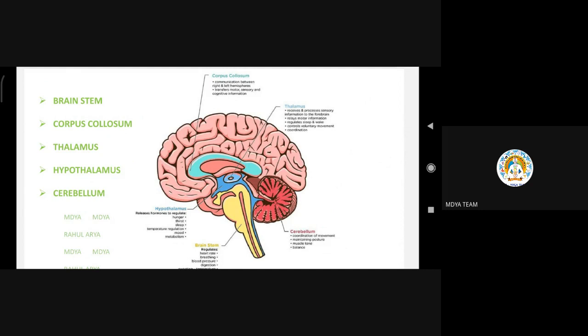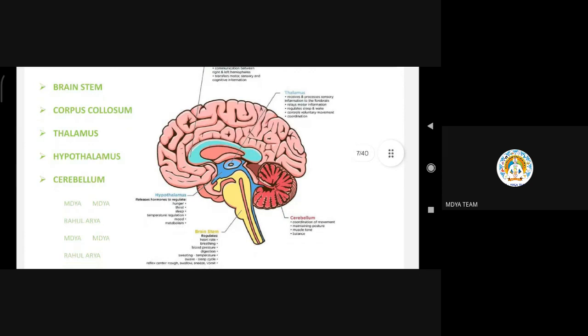It is also known as a small brain, and it composes a tree like structure, right? When we were children, we used to draw trees like this cerebellum. So cerebellum composes a tree like structure, and it is a very important part of the brain.